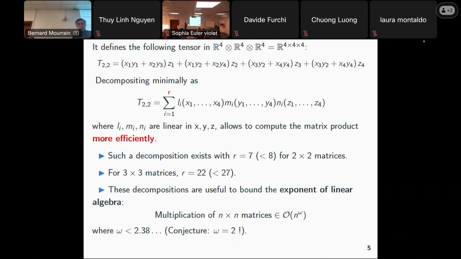N square seems to be impossible, but it's, however, a conjecture.